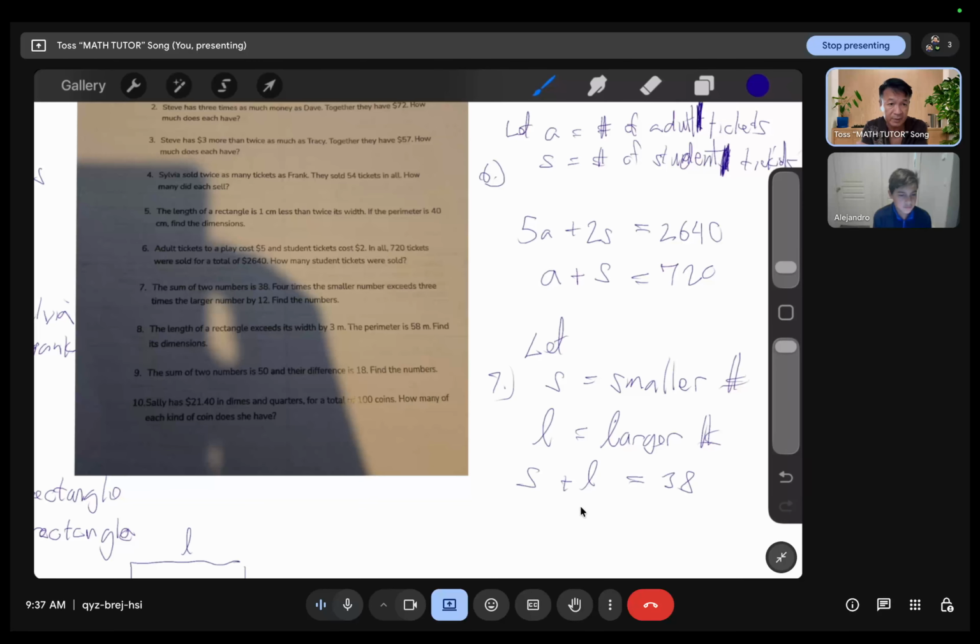But there's another version which is not as easy to understand or remember. I've always been taught two ways, way back, and also the professor I work under explains this may be the better way. But I will let you try first. How will you write it? 4 times the smaller exceeds 3 times the larger by this much. How would you do it?